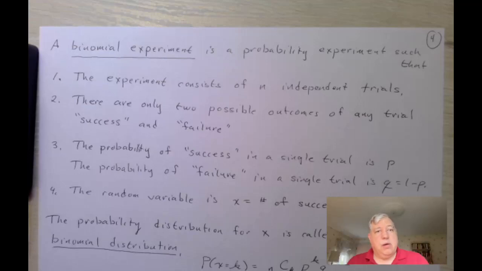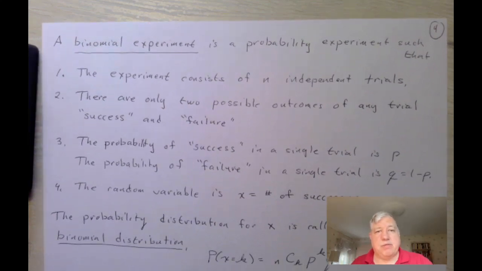So we're going to continue talking about binomial experiments. If you recall, a binomial experiment is a probability experiment with these conditions. This experiment consists of n independent trials, so one trial does not affect the probability of another. There are two possible outcomes for any trial.